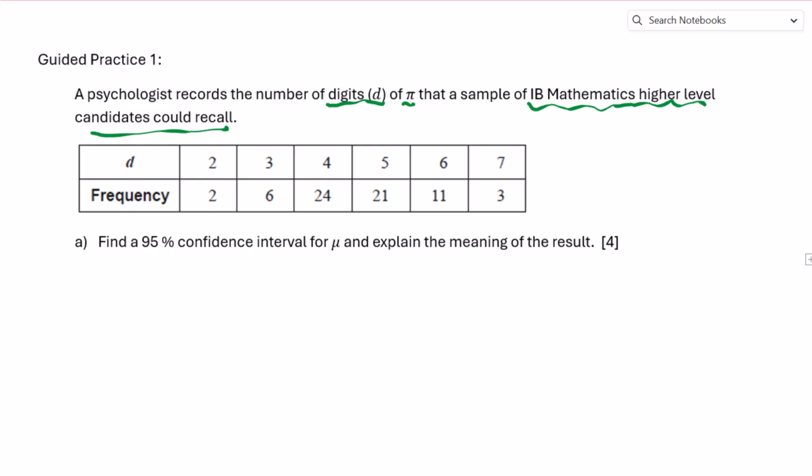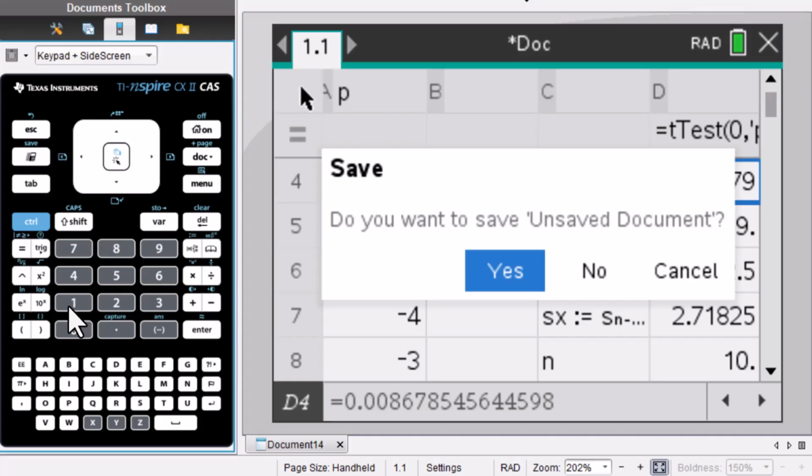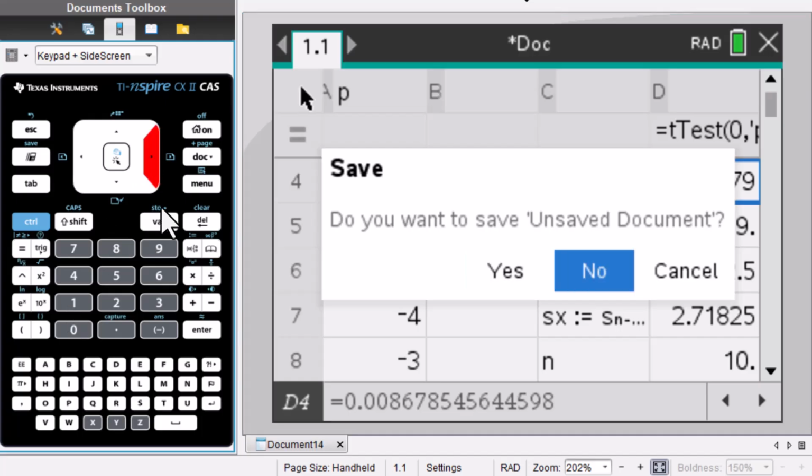Since we are not given population standard deviation sigma, we have to use T interval.